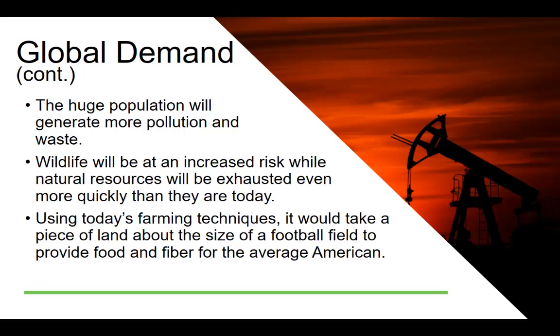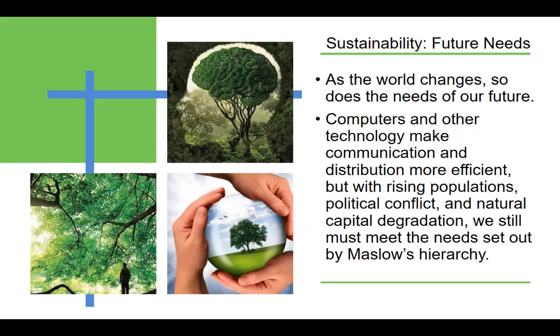So we need to tie this back into our discussion of sustainability. As the world changes, so do the needs of our future. Computers and other technology make communication and distribution more efficient, but with rising populations, political conflicts, and natural capital degradation, we still have to meet the needs set out by Maslow's hierarchy.